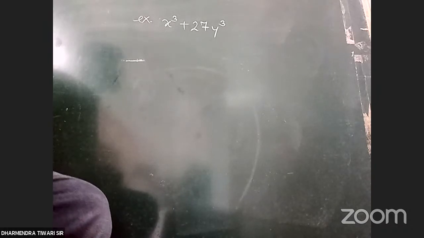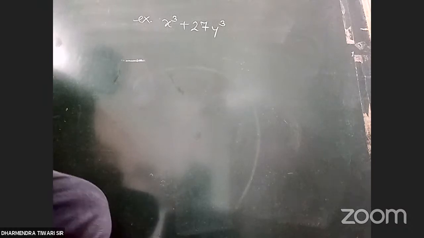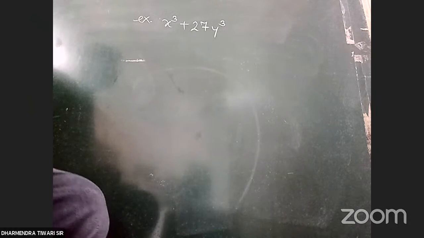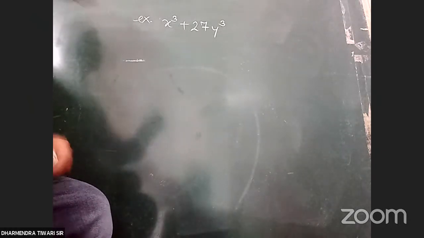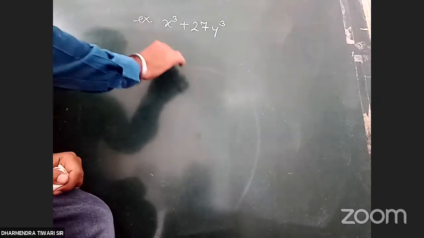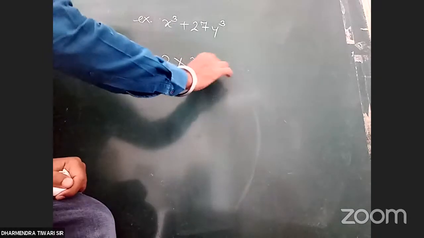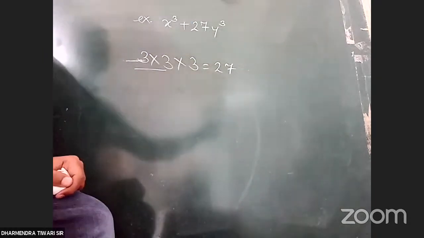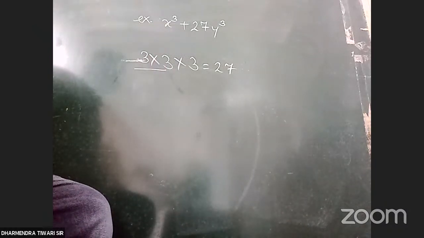So which number, after taking its cube, gives 27? 3 ones are 3, 3 twos are 6, 3 threes are 9. And 3 square is 9. 3 into 3 is 9. And again, if we multiply with 3, what are we going to get? We're going to get 27. So 9 threes are 27.